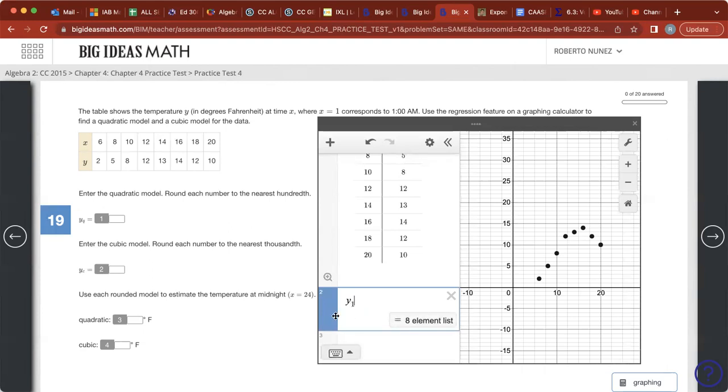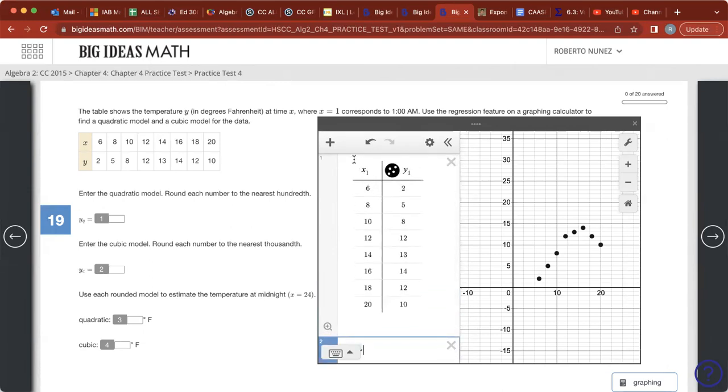So we have y sub 1 is equal to, no, sorry, it's not equal to. We have to put our tilde, which is this little sign right there, and that one is right underneath your escape key on your keyboard. And so because we are trying to enter a quadratic model, we're going to put the general standard form for a quadratic equation with the variable x1.